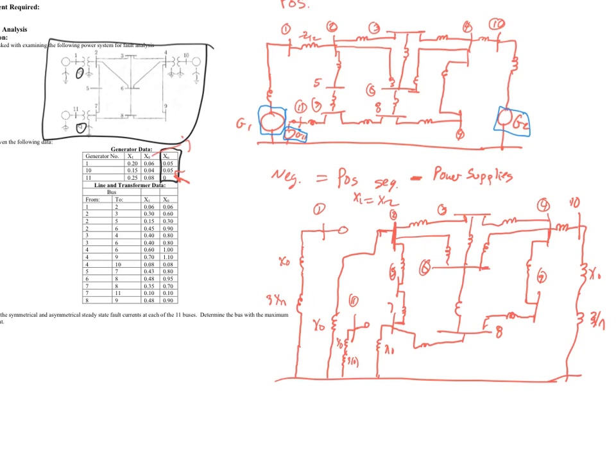I would encourage you to keep in mind that anytime you see you have a bus here, if you have impedances that are in series with each other, you need to add them up first. These impedances here and here are not in series with each other, so they're going to be treated separately. However, these here and here are in series. So if you want to convert those to admittances, it should be done as so.